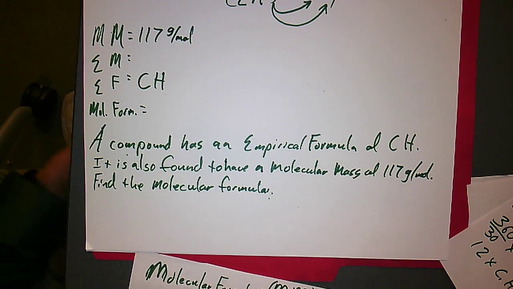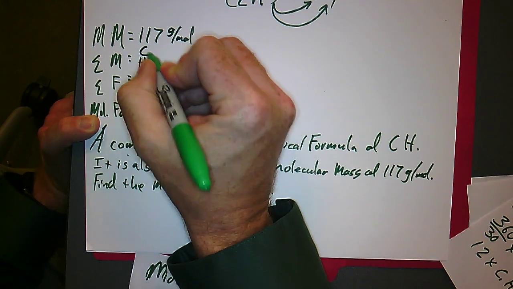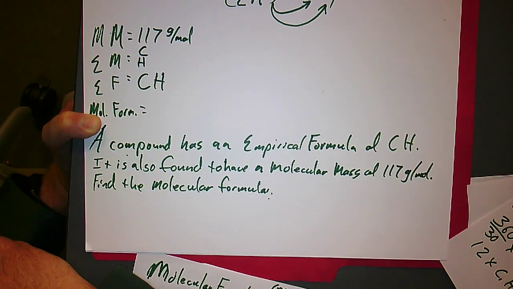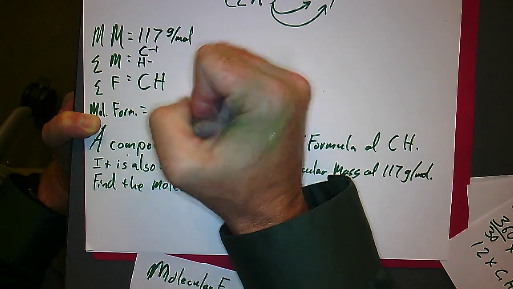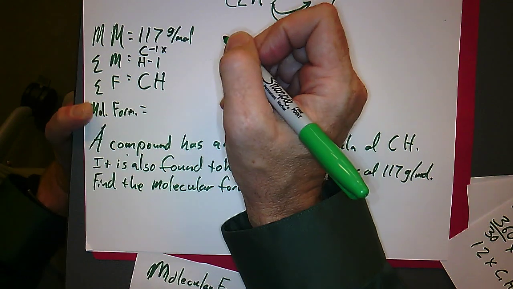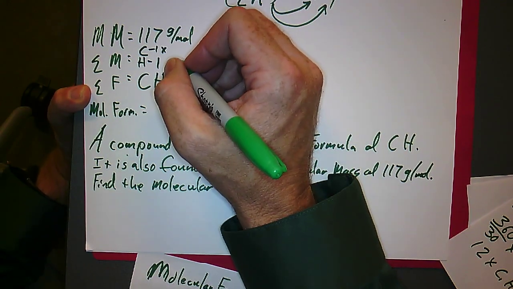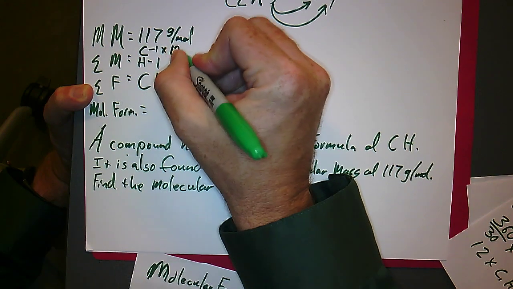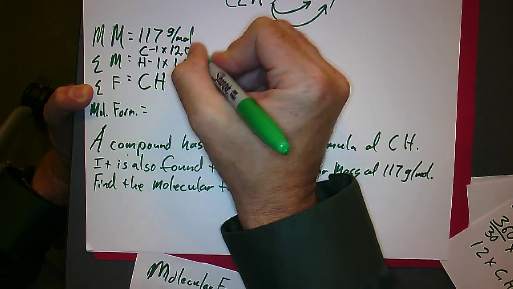So to find the empirical mass, we do it just like we do for formula mass. Right? How many C's are there? 1. How many H's? 1. All right. Then times their mass off the periodic table. What's the mass of carbon on the periodic table? Do you guys remember? 12. Very good. 12.0. And hydrogen? 1.0. Good.